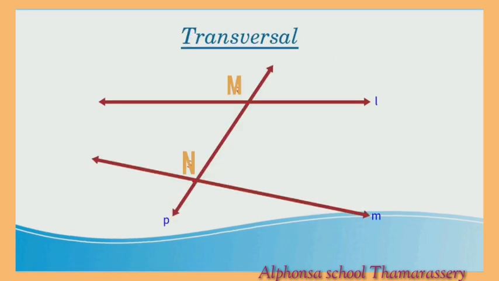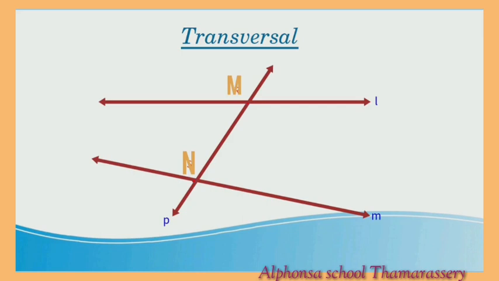A line that intersects two or more lines at distinct points is called a transversal. In the figure, two lines L and M have been cut by a transversal P, intersecting the two lines at points M and N respectively. The points M and N are called points of intersection.